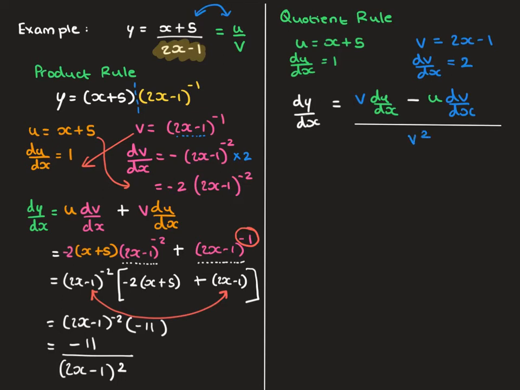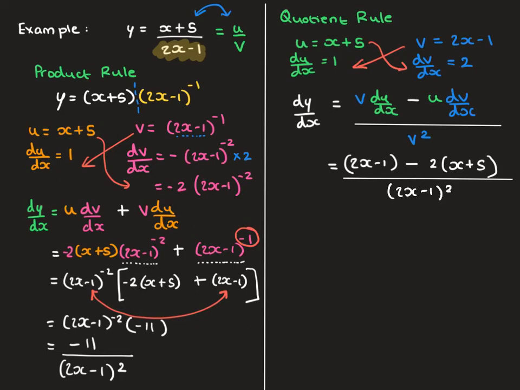So let's fill in the different components of this. So we need v times du by dx first of all, which is just 2x minus 1. And we're subtracting from that u multiplied by dv by dx, which gives us 2 bracket x plus 5, and then the whole thing is divided by v squared, which of course is 2x minus 1 all squared.